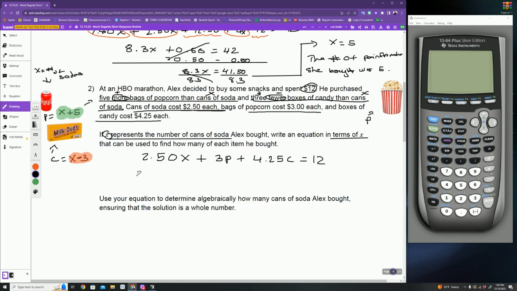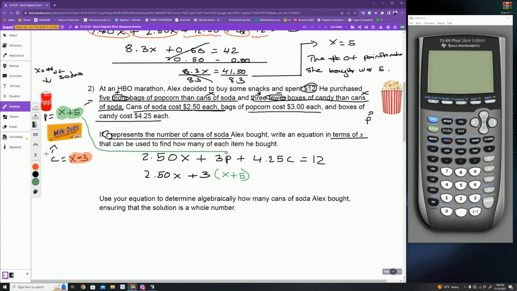So let's bring down the 2.50x, which is going to stay the same, plus 3 times p. But instead of p, we're going to put x plus 5. That's from over here.